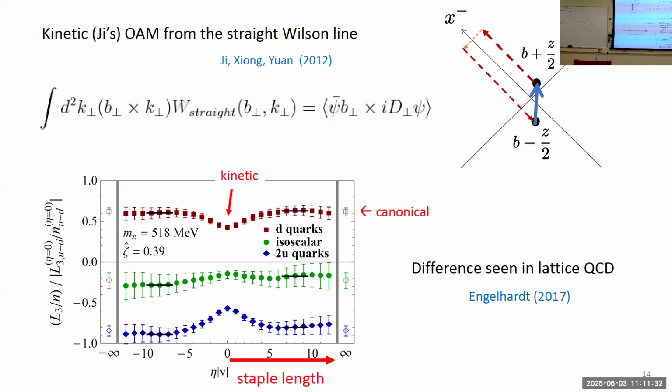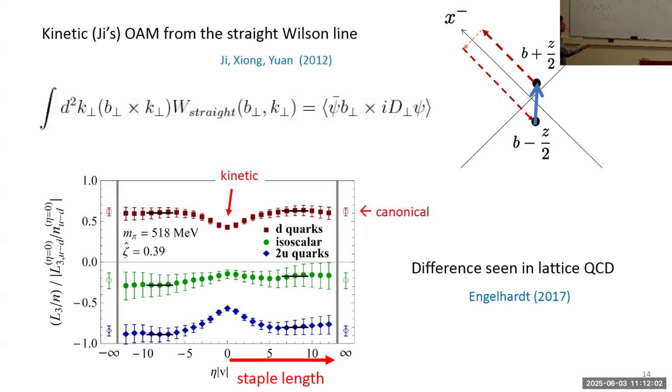But some people may ask, why not just go directly from here to there? And if you do that, then what you get is this covariant, Ji's orbital angular momentum. So the difference between these two is actually this closed Wilson loop, this infinite length Wilson loop. You get some extra torque as the quark travels along the light cone and comes back. And that explains the difference.